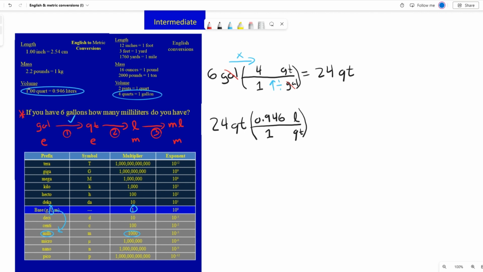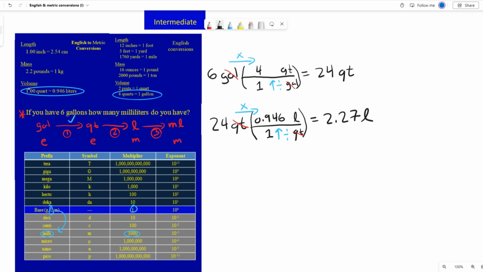Now this is set up so that quarts and quarts cancel out, multiply across, and divide up. And when we take 24 times 0.946 and then divide that by 1, we get 2.27 liters.